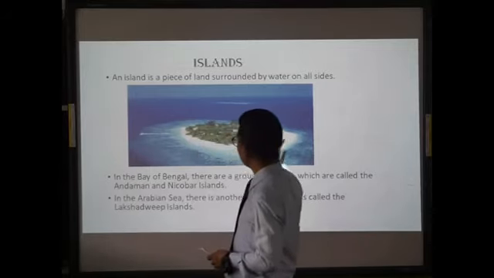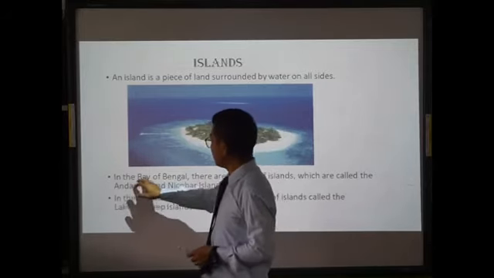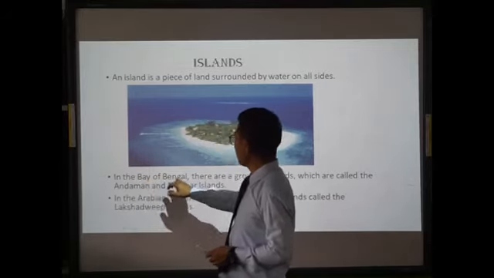So this is a picture of an island. Now in the Bay of Bengal, there is a group of islands called the Andaman and Nicobar Islands. See, I'll show you the Bay of Bengal. You can see the islands at number 6.